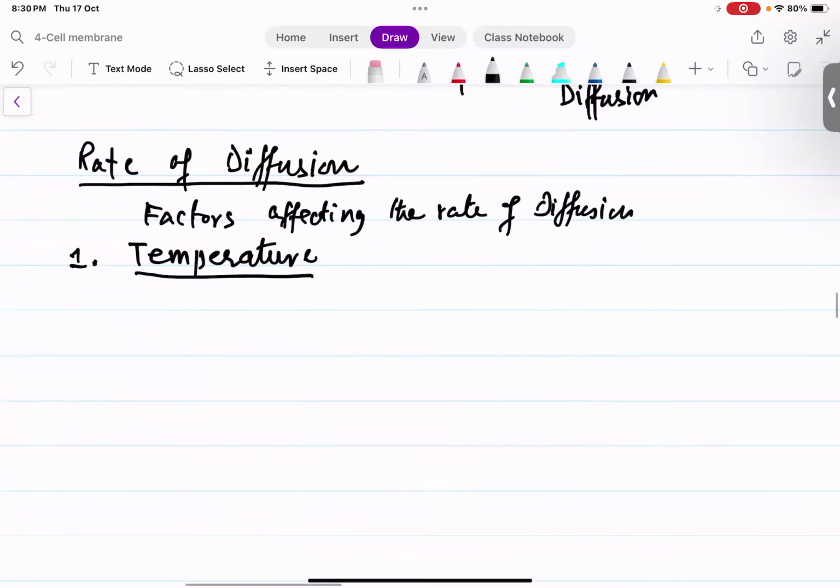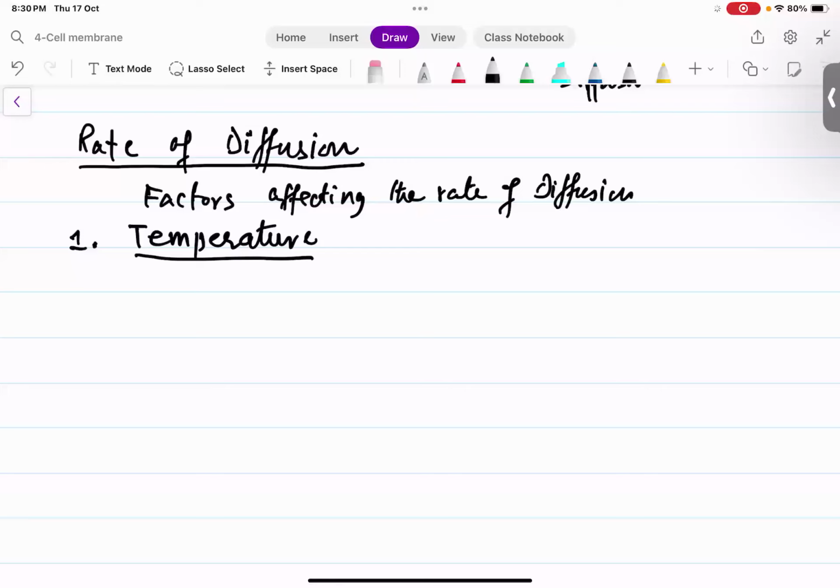Temperature affects the kinetic energy of the molecules. The higher the temperature, the higher the kinetic energy, and the higher the random motion of the molecules of a substance, which speeds up the random mixing of the molecules, or the movement of molecules from their higher concentration to their lower concentration.